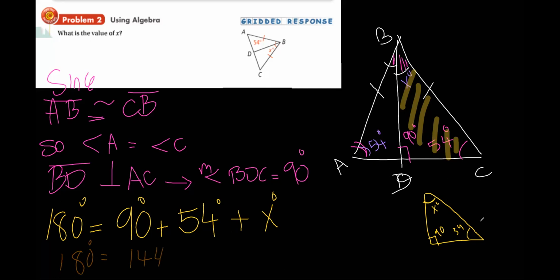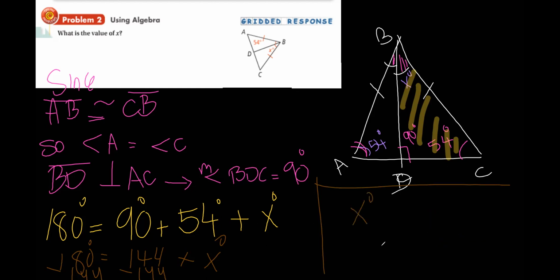So 144 plus x degrees equals 180. Then 180 minus 144 equals 36. So x equals 36 degrees. So the measurement of angle x is 26 degrees.